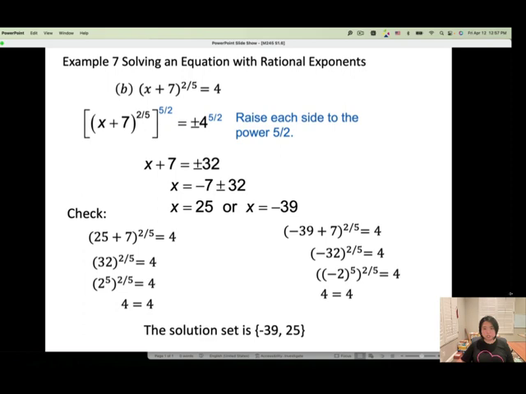So the solution set is negative 39 and 25. Keep in mind that when you raise each side to the power of 5 over 2, when you have an even number in the denominator, you need to add plus minus. Just like when you take the square root of both sides, you need to add plus minus.